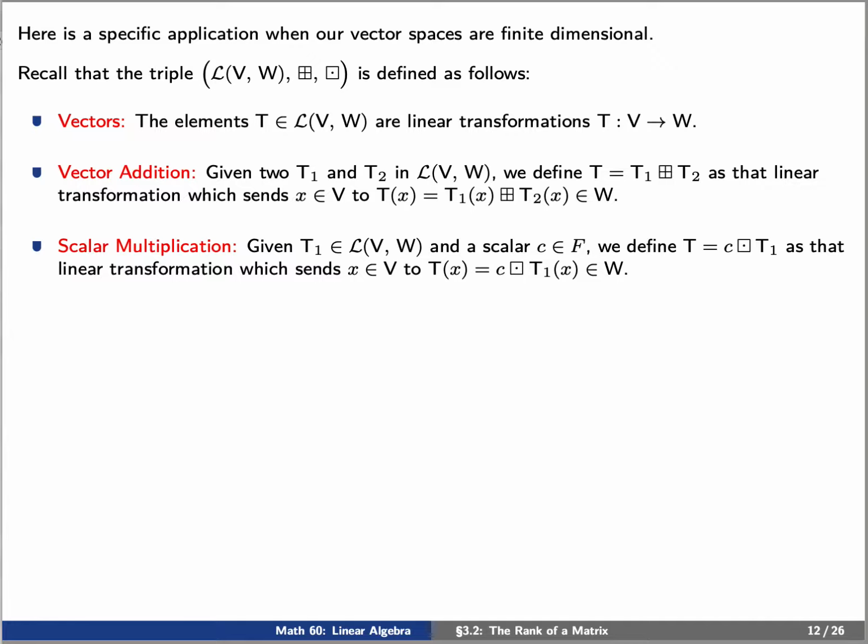The elements of L(V, W) are linear transformations from V to W. Addition of two linear transformations is that linear transformation that sends a vector x to T1 of x plus T2 of x. Scalar multiplication is that operation that takes a linear transformation T1 and a scalar c and returns that linear transformation that sends a vector x to the vector c times T1 of x.